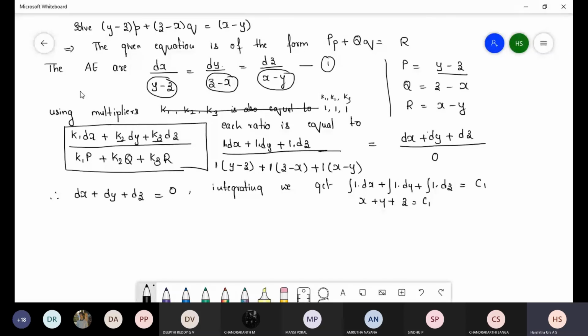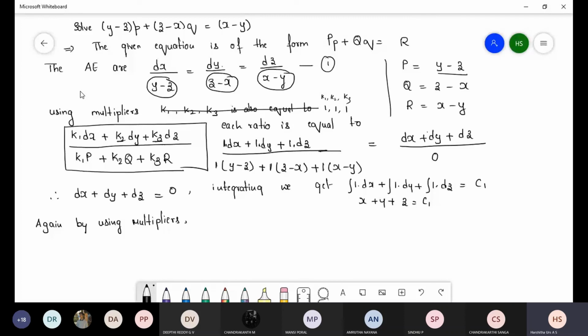Next, again by using multipliers. Already we have taken the multipliers for finding out the first one as 1, 1, 1.